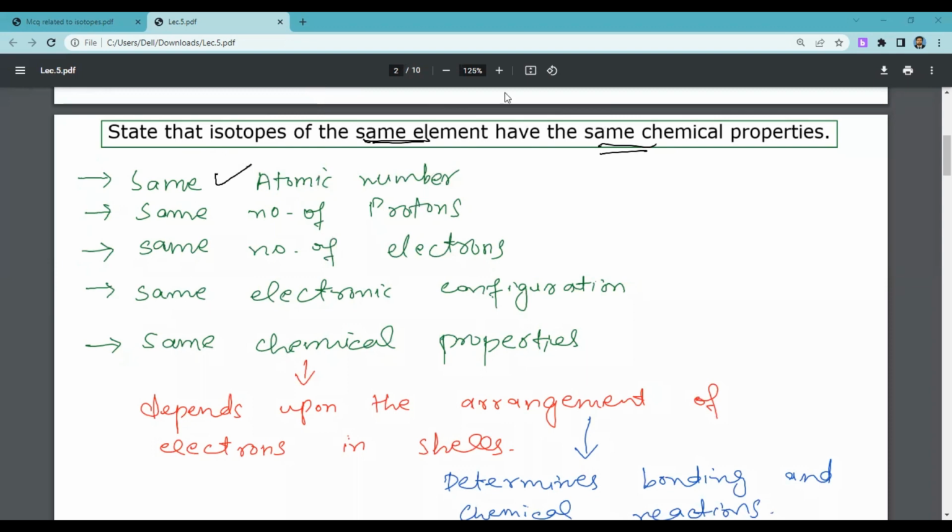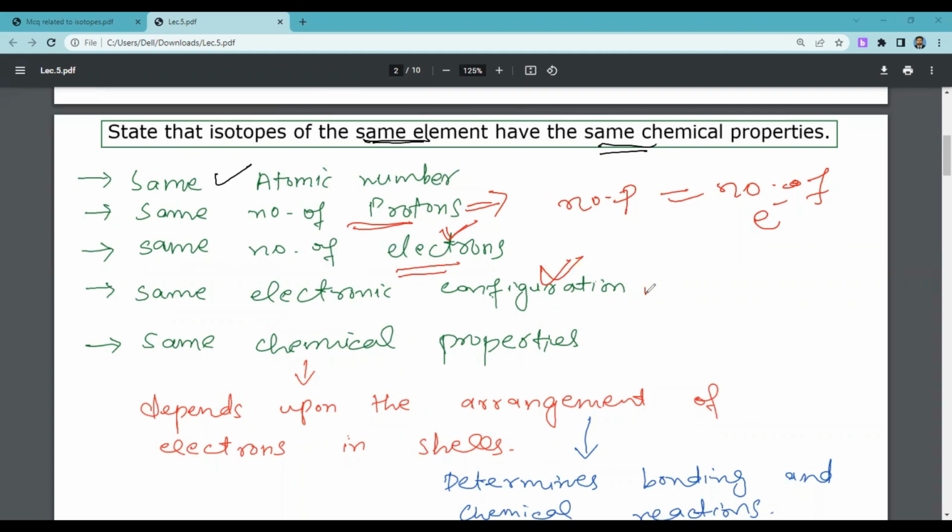If they have the same atomic number, it means that they have the same number of protons, and the number of protons and number of electrons are equal in an atom. It means that they have the same number of electrons. If they have the same number of electrons, then they have the same electronic configuration.